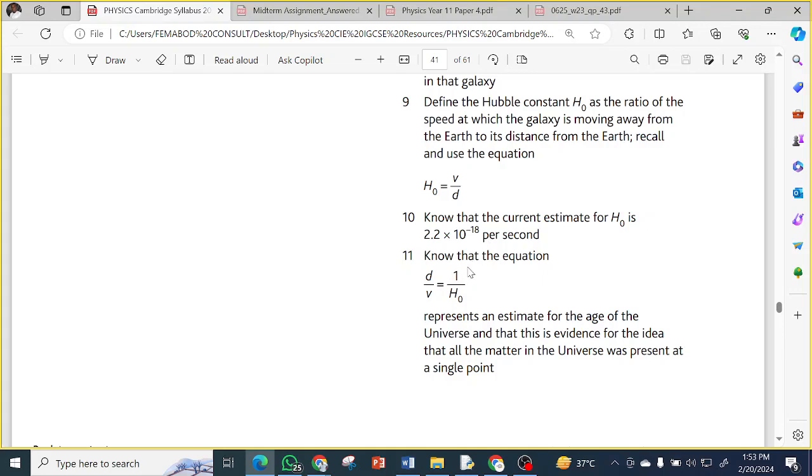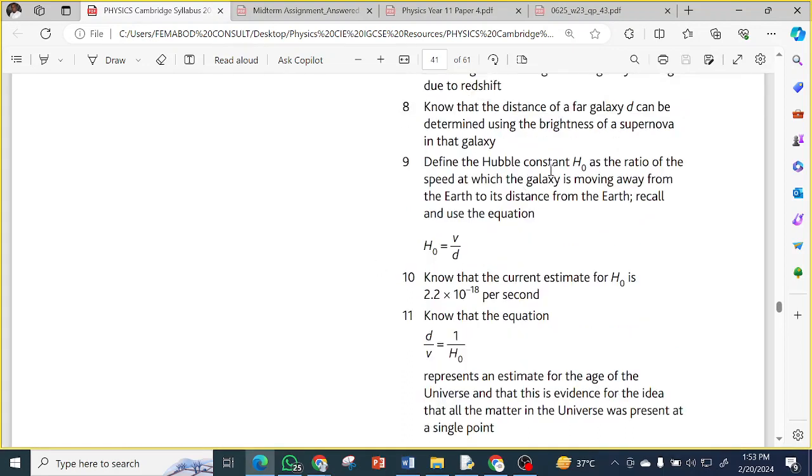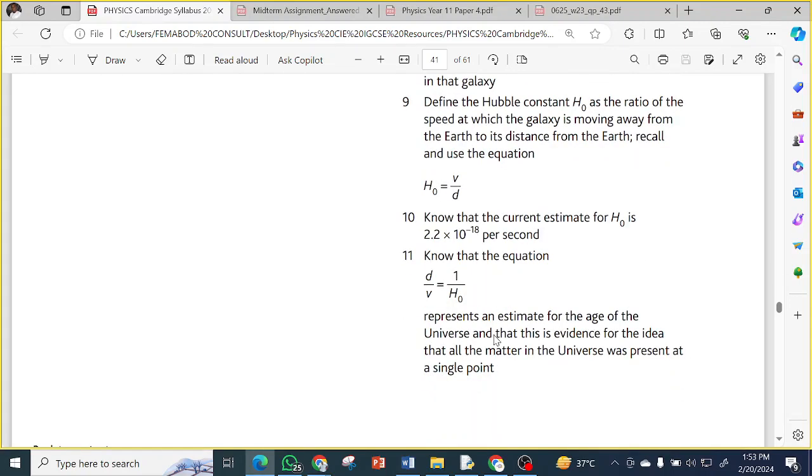So if they ask you to calculate the approximate age of the universe, you can say age of the universe equals distance over V, or 1 over Hubble constant. Either way can work. We are going to see some questions to back that up now. So please put down this formula. We have seen the formula for Hubble's constant, then the estimate of the Hubble's constant, and now another formula for calculating the age of the universe.